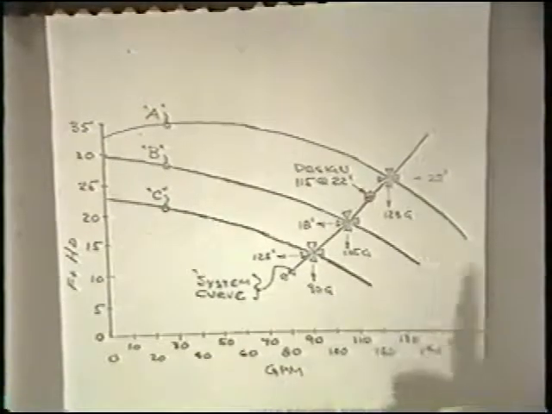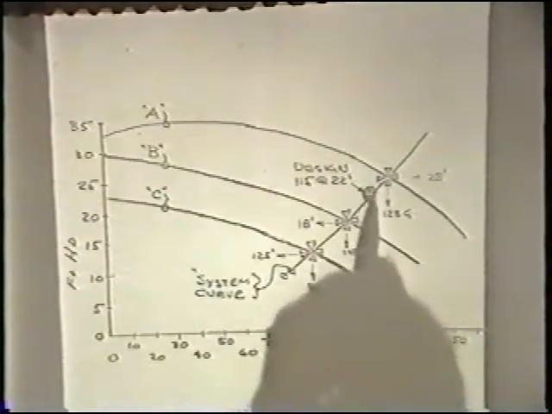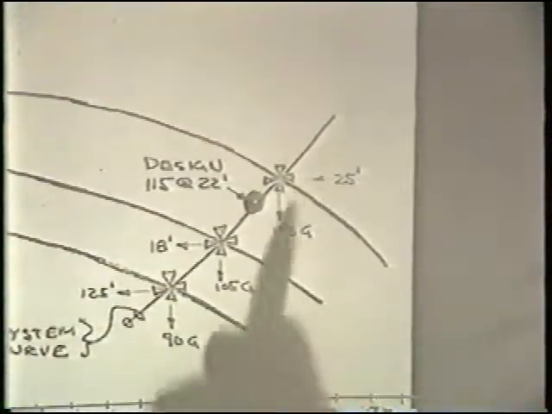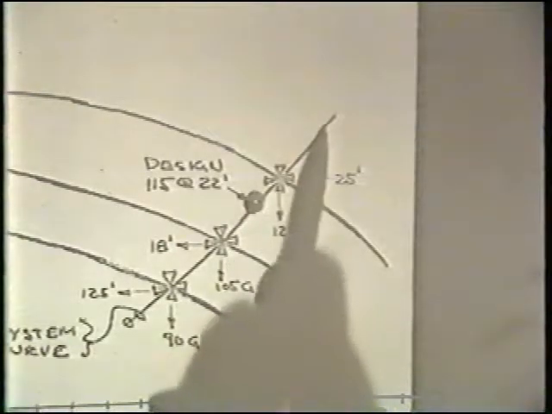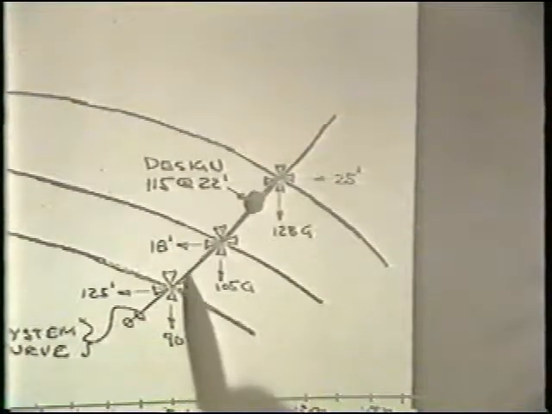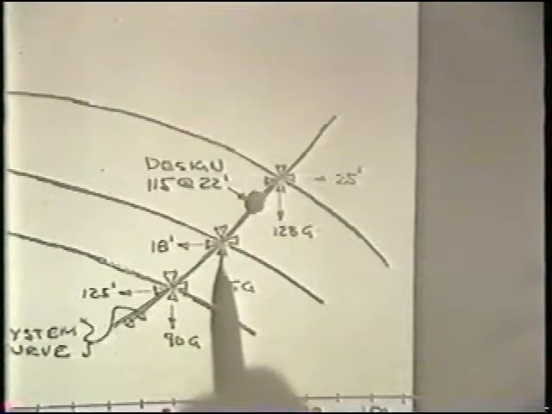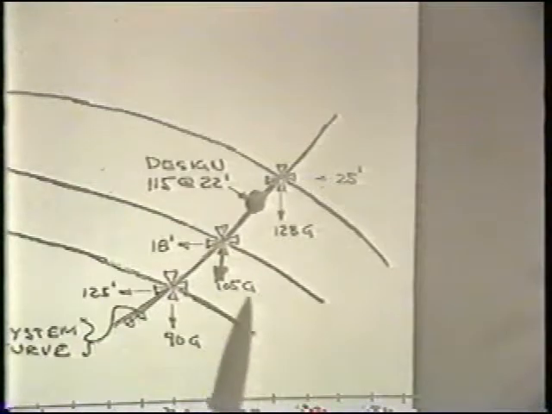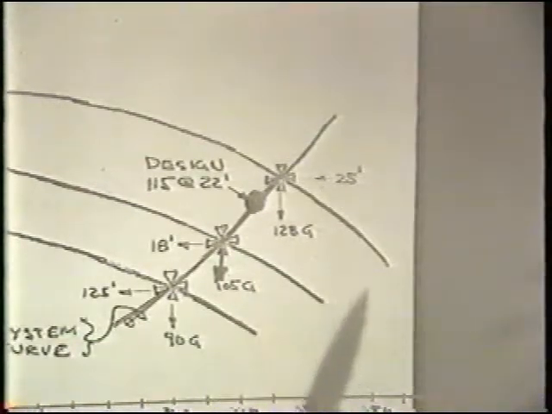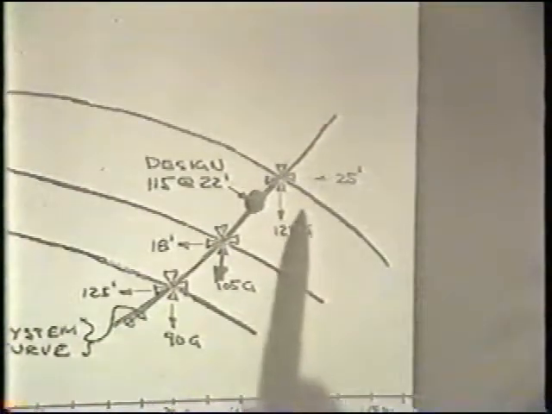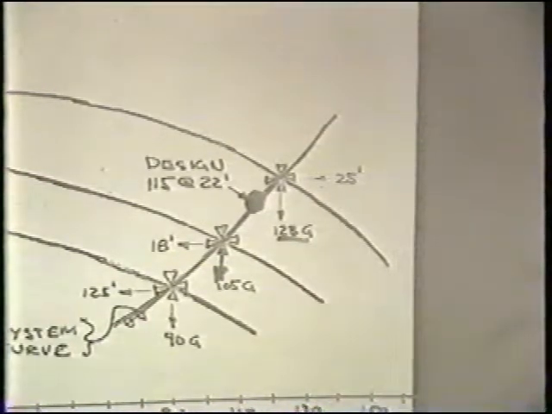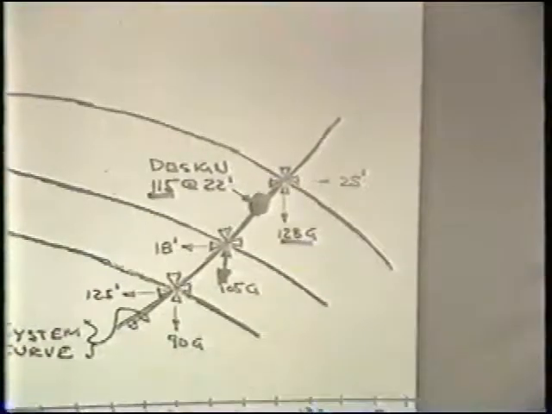And in this circumstance, we have a design point as illustrated, which is between pumps A and B. But we strike a system curve through that design point, and we can establish that with the smaller pump we'd be flowing in this circumstance at 105 GPM, and with the larger pump at 122 GPM, whereas our design point is 115.